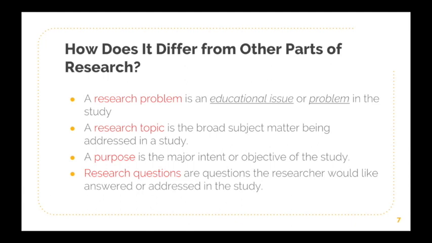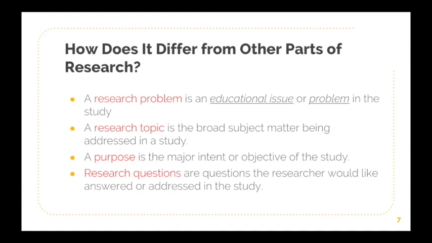Our research problem is an educational issue or a problem in the study. The research problem is how to find the educational issue or the problem in your paper. That's right, because with the problem you can find and solve the problem instead.